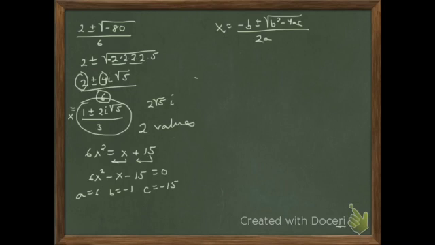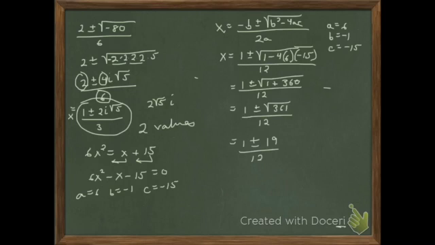I'm going to put it on pause, substitute all three of those values, and do some arithmetic. You try it. Now when I get down to this stage, the square root of 361, I needed to do that with a calculator. These should all come out evenly. Okay. Pick up your calculator, that's 19. So now, 1 plus 19 is 20 over 12, or 1 minus 19 is -18 over 12.